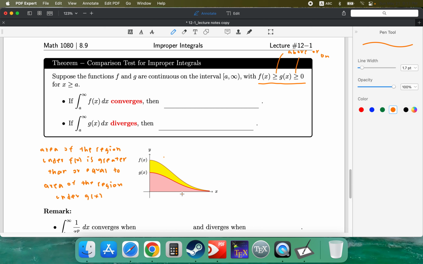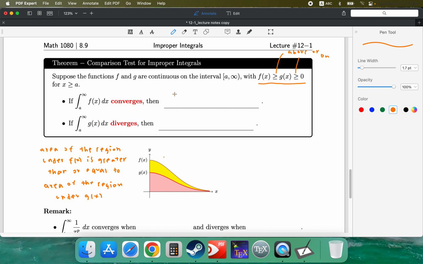Good? Now, if the integral of f from a to infinity converges, so that means if this area is a specific number, then the area of g must be a smaller number, or the same number if this is equal, right?